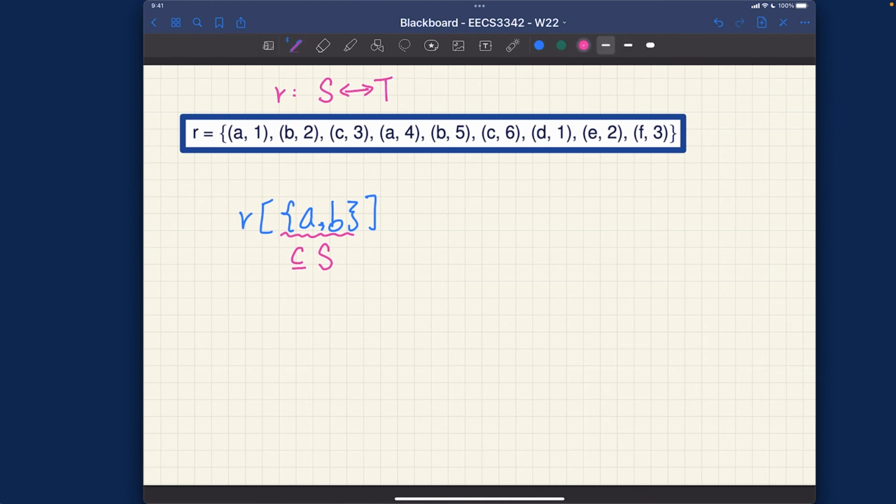So let's say what this should be. In this case, visually speaking, it's going to be A and B. So let's find out all the pairs with A. Okay, all the pairs with A. So here you can see A here. A will be A, B, and that's it. All right, and then you're going to find the corresponding range values, which would be 1, 2, 4, and 5.